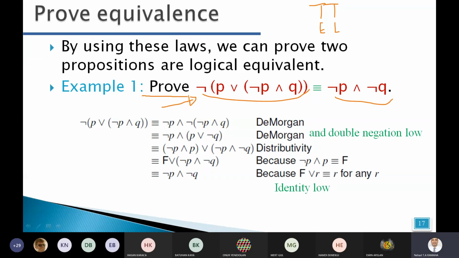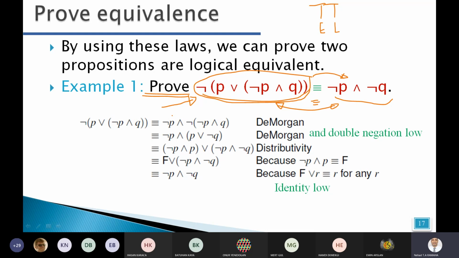I give you this proposition and I need you to prove that both sides are logically equivalent. So we need to start from the first side and reach the second side.